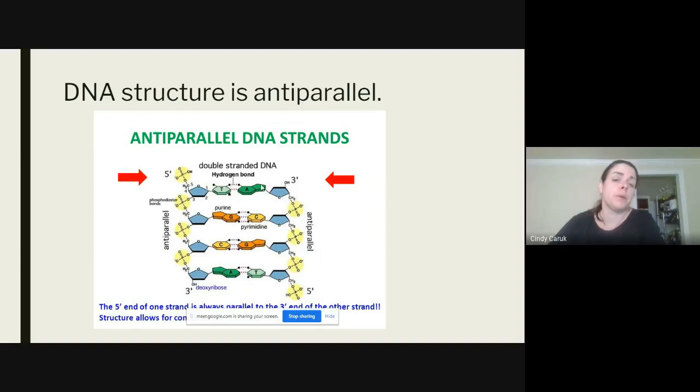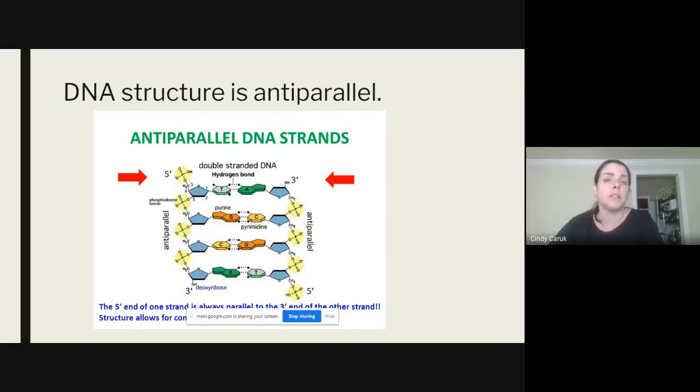It's important, right? If you remember in replication, it's only going to be able to make the leading strand continuously, and the lagging strand has to be made backwards in the Okazaki fragments and then glued together by DNA ligase. But also, we're only going to read this strand of DNA 3 to 5 to make an RNA, mRNA, 5 to 3.